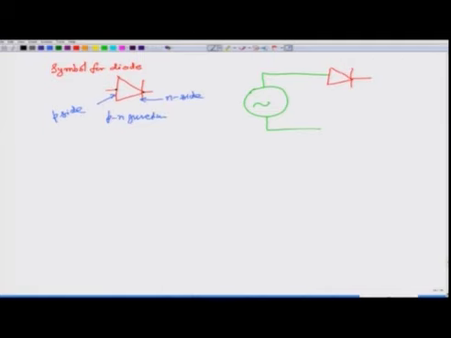So, here this is P side and this is N side, and then if I connect it to some resistance, what will happen if I take the voltage here? Let us understand what will happen. Let us draw a graph where I am plotting time here and this voltage V here.